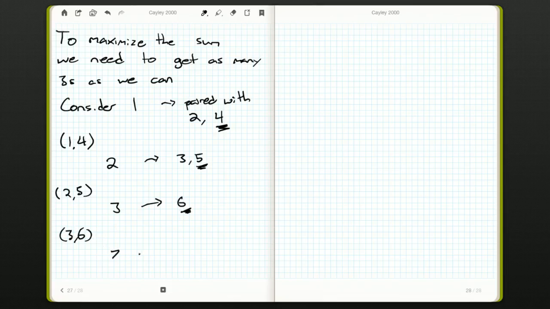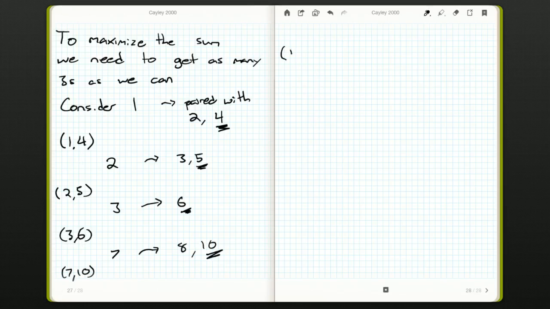How about 7? Well, 7 could be paired with 4, but 4 is taken. Or 6, that would give a difference of 1, but 6 is taken. So 8 or 10. Because we have to have a difference of 1 or 3. We want 3s, so let's pick 10, and we have 7, 10, and this cycle is going to repeat.